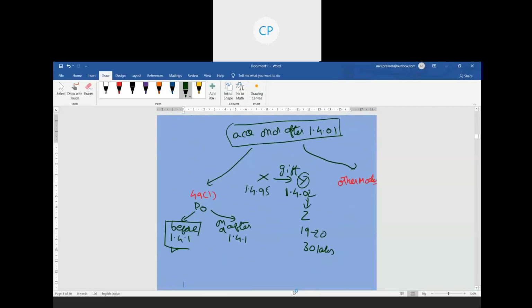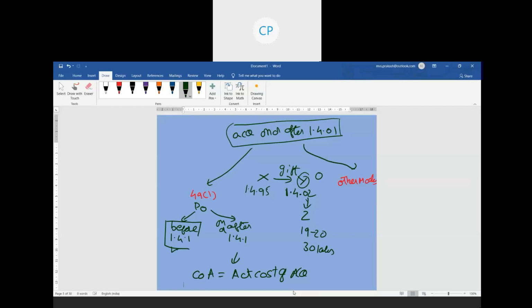So in this case, your cost of acquisition should be the actual cost of acquisition. What is the actual cost of acquisition? Zero, because Y received it as a gift. Y is not paying anything. So for Y, the actual cost of acquisition is 0.